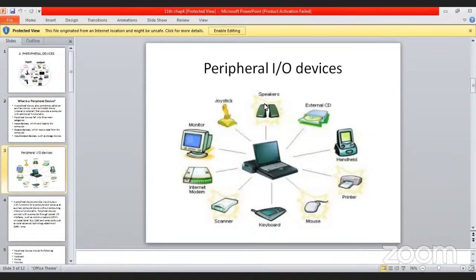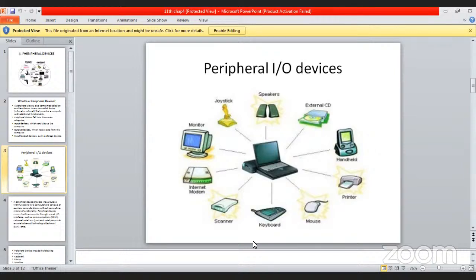Joysticks, speakers, as well as external CDs, handheld, printer, mouse, keyboard, scanner, internal modem, internet modem, and monitor. So some are input devices, others are output devices.